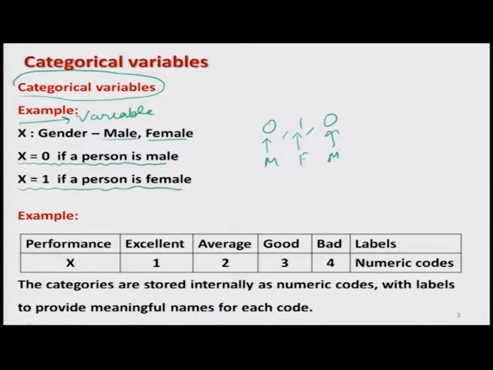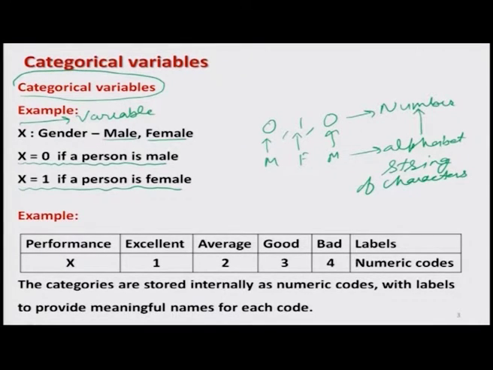So, if you try to see what we are doing here, this is a number and this is a sort of alphabet, or in our language a string of characters, and I am trying to make a one-to-one correspondence between the number and the string. I have made a one-to-one correspondence between 0 or 1 and male and female.